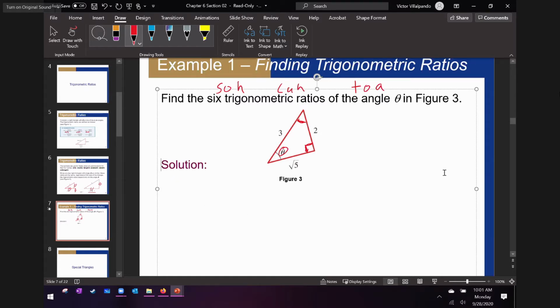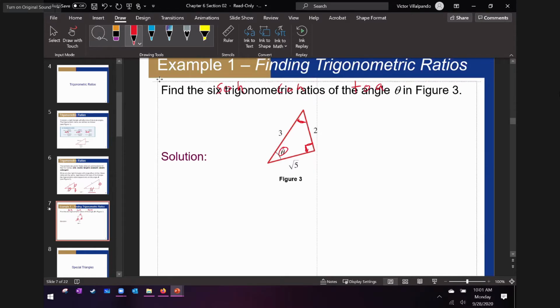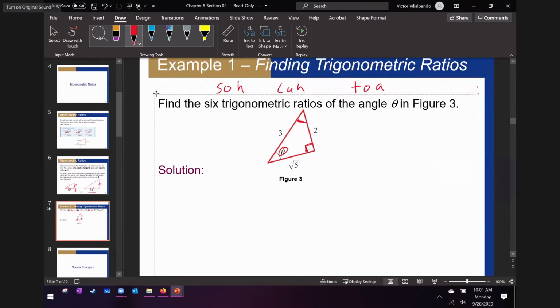So we know sine. For sine, we have opposite over hypotenuse. We're with respect to this angle theta, so let me label my triangle. That would be opposite. I'll use ADJ for adjacent.